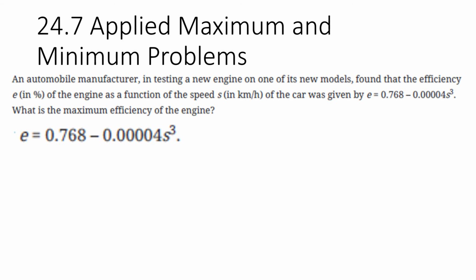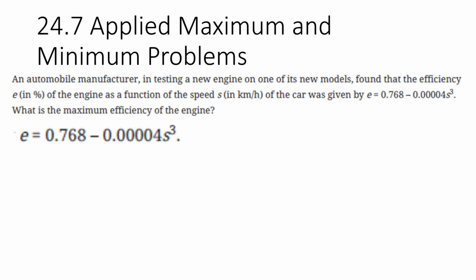We've got an automobile manufacturer, and they're testing their new engine, and they found that the efficiency, in percentage, is really a function of how fast the car is going. So the efficiency equals 0.768 minus 0.00004 s cubed, where s is the speed of the car in kilometers per hour. So what is the maximum efficiency of the engine?